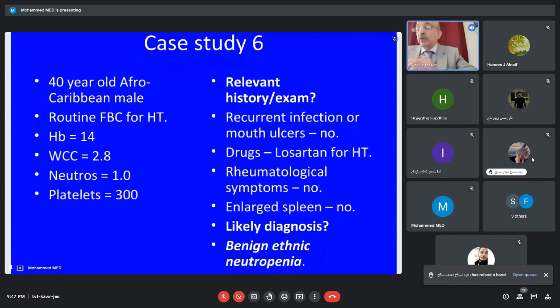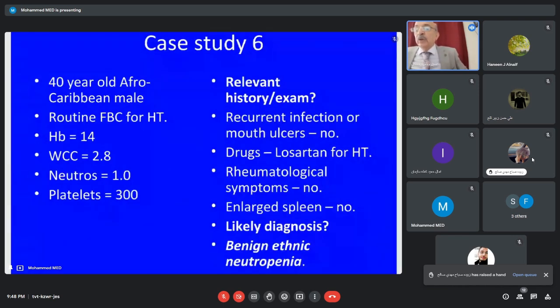I have seen cases of this among Iraqi patients, and I have seen cases in Jordan as well. Although it's called Afro-Caribbean, this condition is rare in Europe. Usually there is no enlargement of the spleen, no enlargement of the liver, no lymphadenopathy.